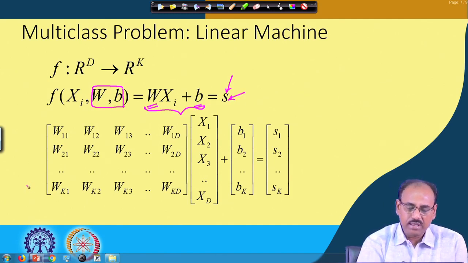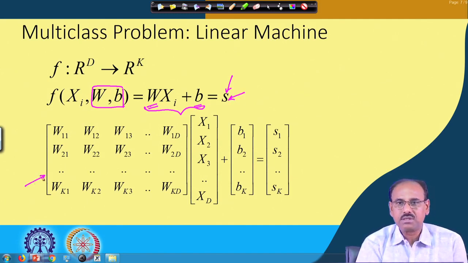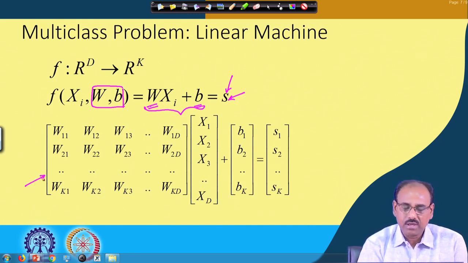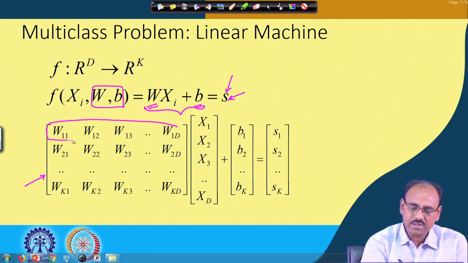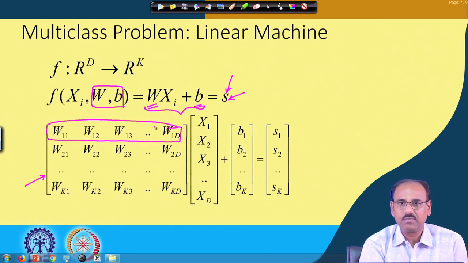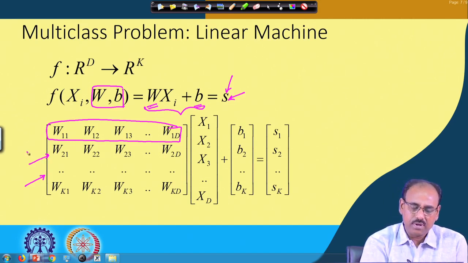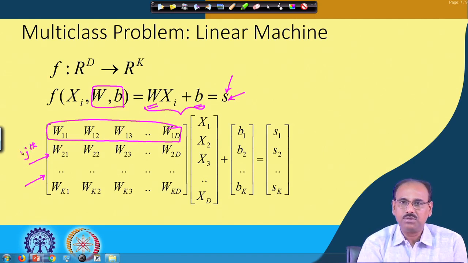If I put it in an expanded matrix form, this is the matrix expression that I get. Every row of this matrix W represents the classifier of a particular class. If I take the jth row of W, this represents the classifier of the jth class, and this is my input vector x, this is the bias vector, and after computation I get the score vector of dimension k.